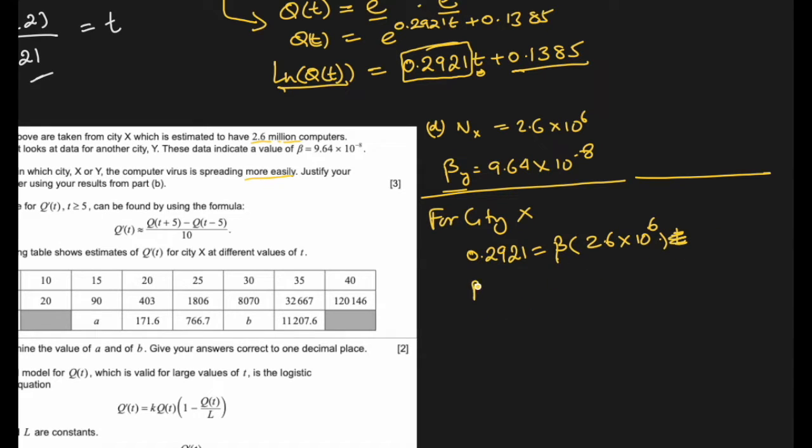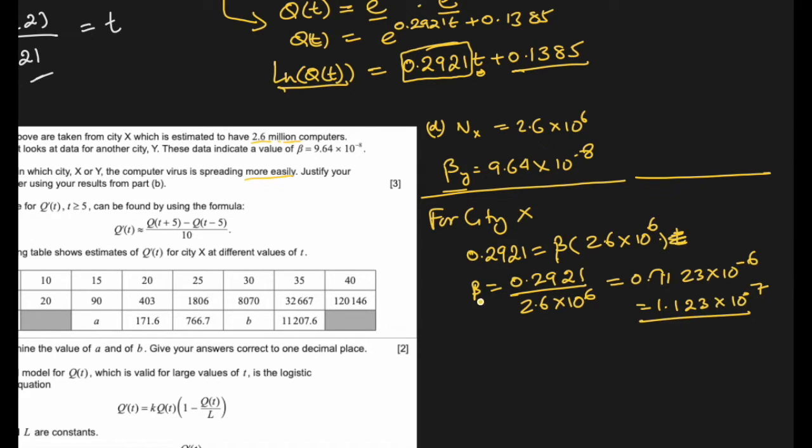So beta is equal to 0.2921 over 2.6 times 10 to the power 6, and if we do that, 0.2921 divided by 2.6 is 0.1123 times 10 to the power minus 6. So if I bring this here, it becomes 1.123 times 10 to the power minus 7, right?